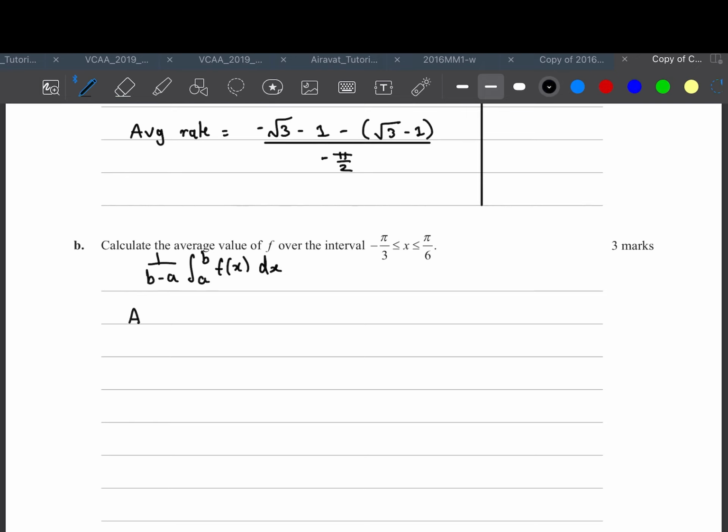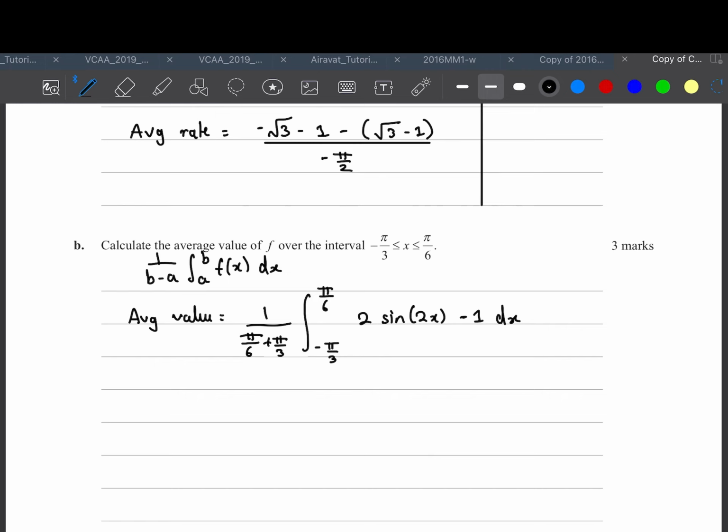So our average value is going to be 1 on pi on 6 minus negative pi on 3. So that is just going to become plus pi on 3, integral from negative pi on 3 to pi on 6 of sine 2x minus 1 dx.